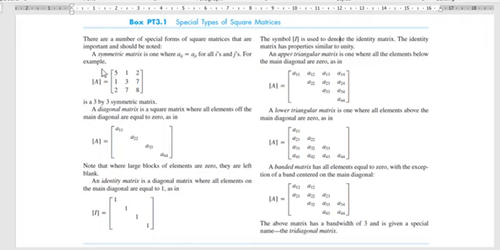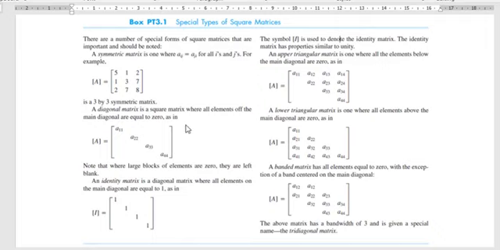This part is the main diagonal elements. The 1 and 1 are the same, and 7 and 7. These rows and columns are the same as these. That is why it is called a symmetric matrix. Usually it is a 3 by 3 symmetric matrix.